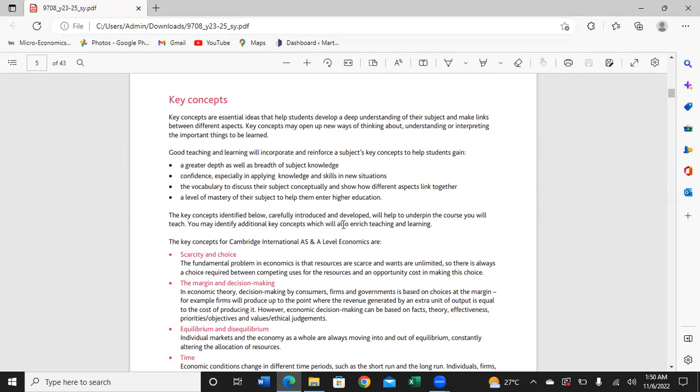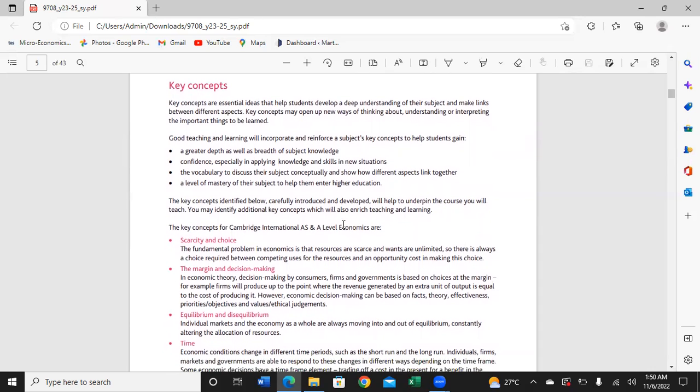Key concepts may open up new ways of thinking about understanding or interpreting the important things to be learned. Good teaching and learning will incorporate and reinforce the subject's key concepts to help students gain a greater depth as well as breadth of subject knowledge.